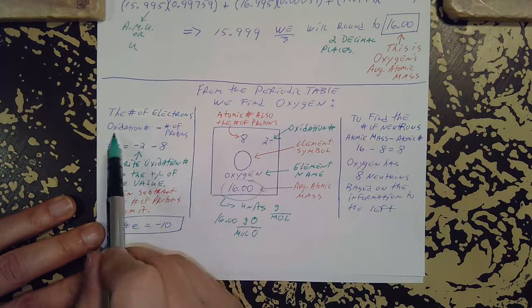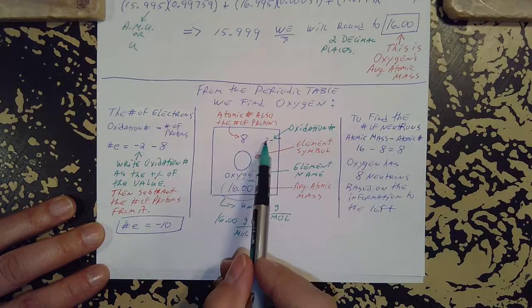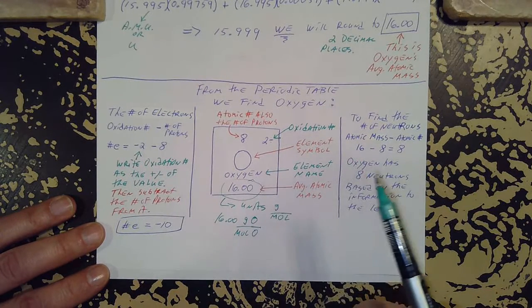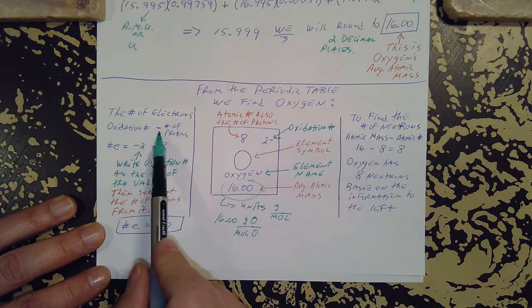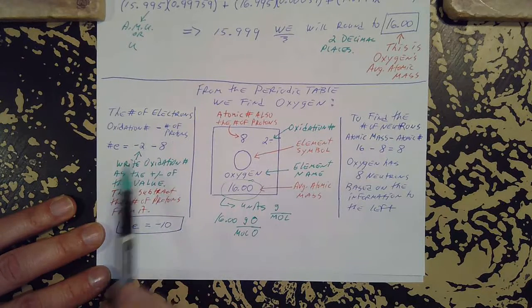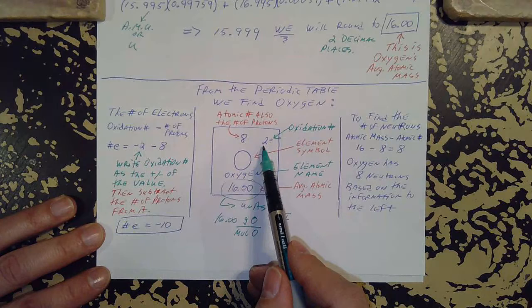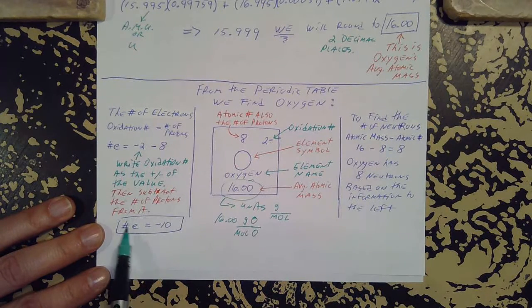But when we go to figure out the number of electrons, we want to take the sign and put it in front of the number, just like a normal mathematical operation. So oxidation number minus number of protons will tell us the number of electrons. In this case, we have a -2 for the oxidation number minus 8. When we do that out, we get -10. So we have 10 electrons.